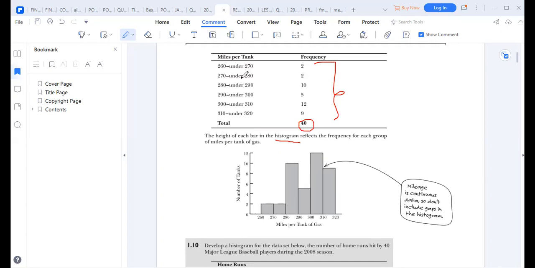And mileage, what kind of data is it? It is continuous. So you don't include the gaps. Earlier today, we discussed the 2 types of data: continuous under quantitative, and also discrete data under quantitative. Are we together so far? Yes.